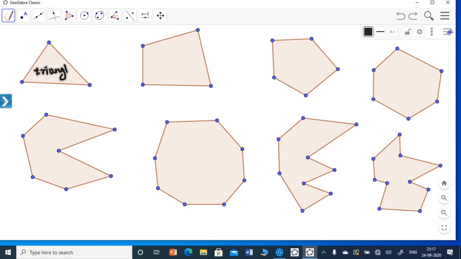There are many more polygons having 11 sides, 12 sides, 13 sides, 14 sides and so on. They have different names based on their number of sides.